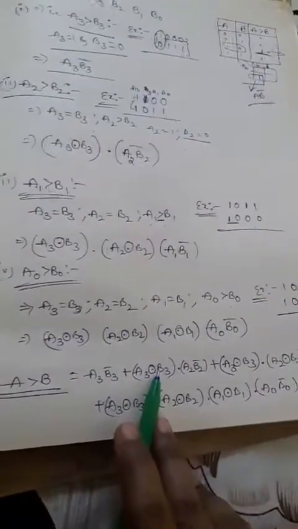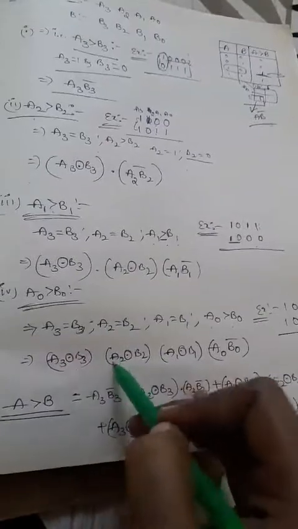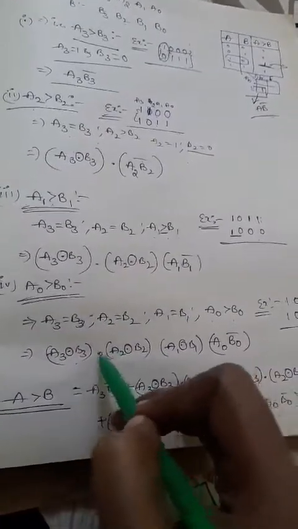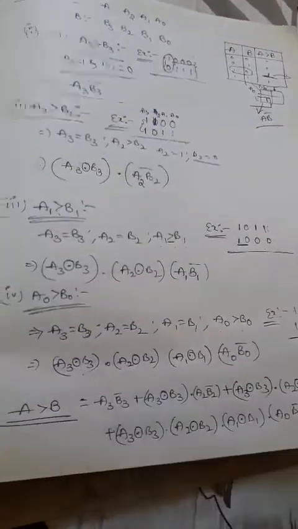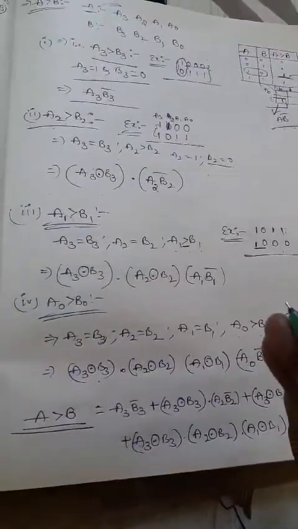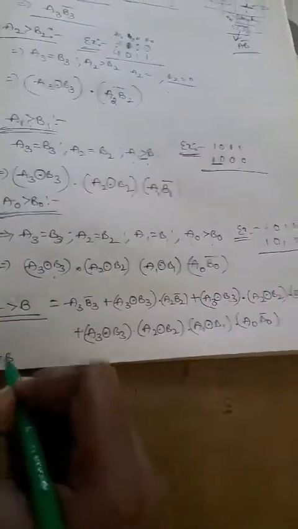Between each case we take the OR operator, but between each input we take the AND operator. That is the difference.